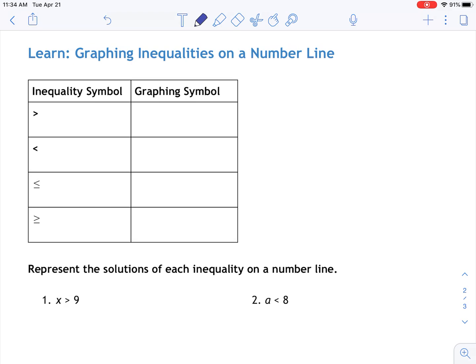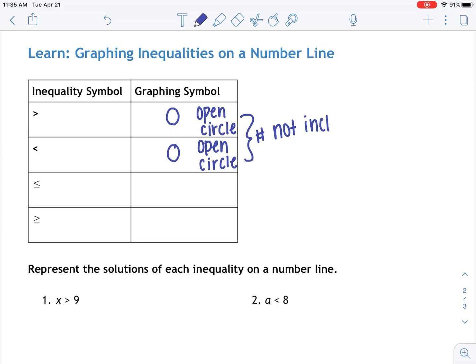When we have a greater than or less than symbol here, our first 2 boxes, we're going to represent that with an open circle on our number line, showing that whatever number we are starting with is not included in the solution set.